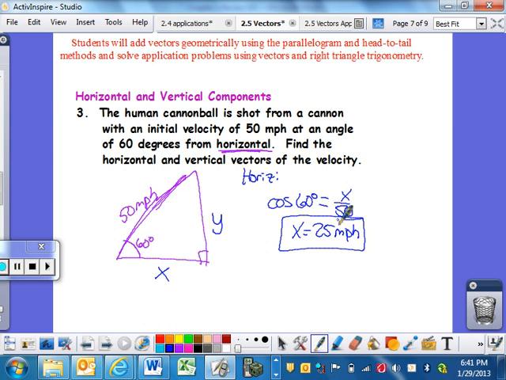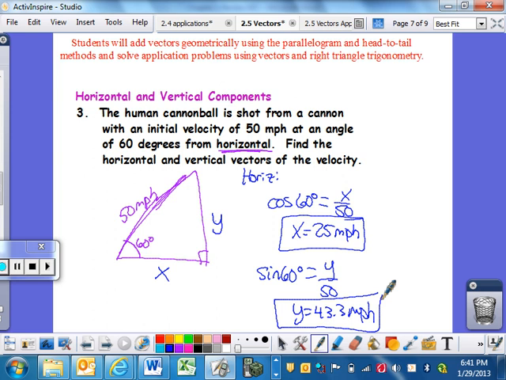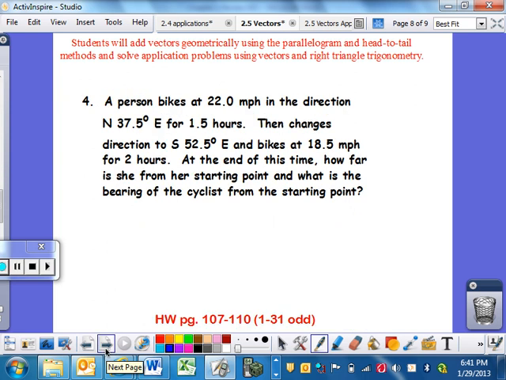To find the vertical one, I have an angle, I want the opposite, I have the hypotenuse, so that's going to be sine of 60. And you multiply 50 to both sides again, and you end up getting that Y equals 43.3 miles per hour. So if I ever ask you for the horizontal and vertical vectors, that's all it means, is you want to find the one that's straight on the bottom and the one that's straight up, and most of the time you're going to be able to use sine and cosine for that.